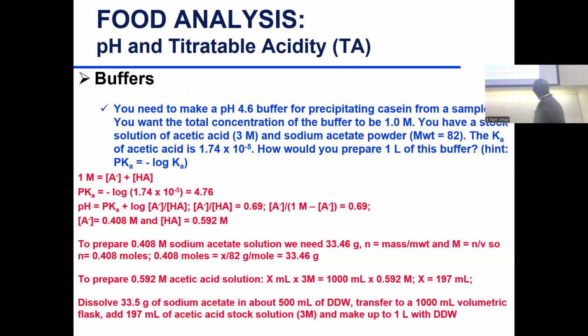And then in the equation, instead of a concentration, I would be getting milliliters volume, because I now have the equal molarity of the 2 solutions. Instead of saying 1 molar equals this and that, I would just say 1000 ml is my final volume, is the A minus milliliter plus the HA milliliter.